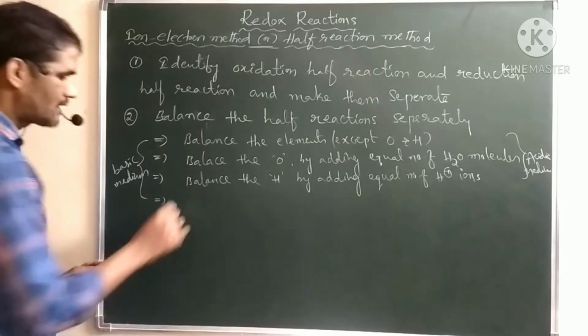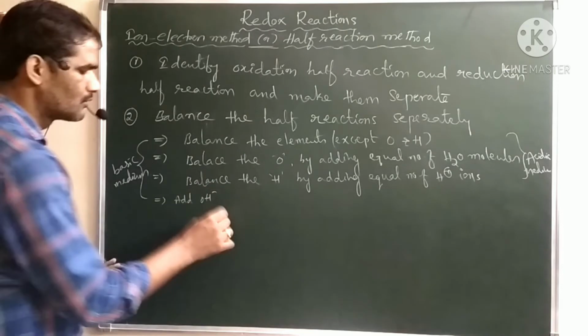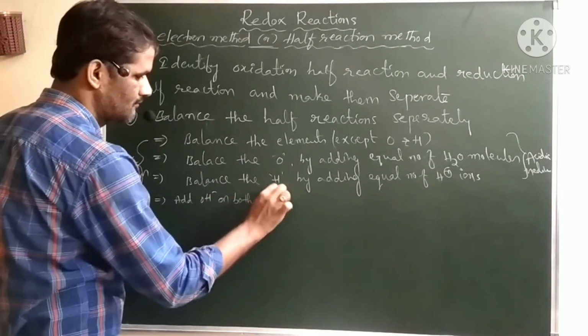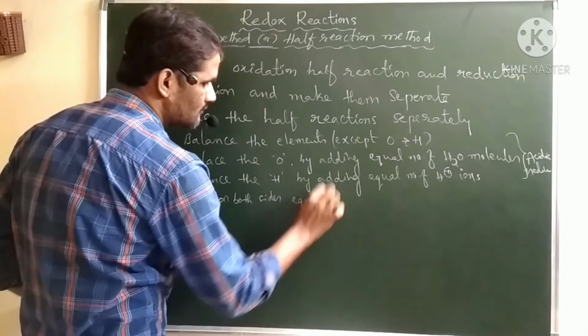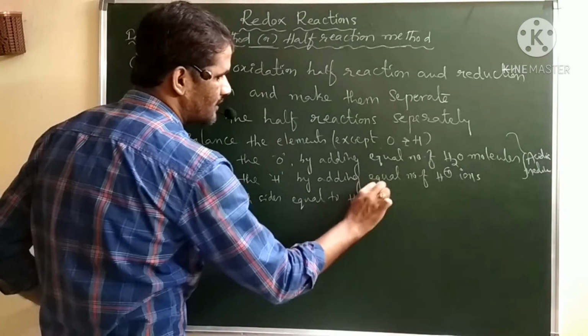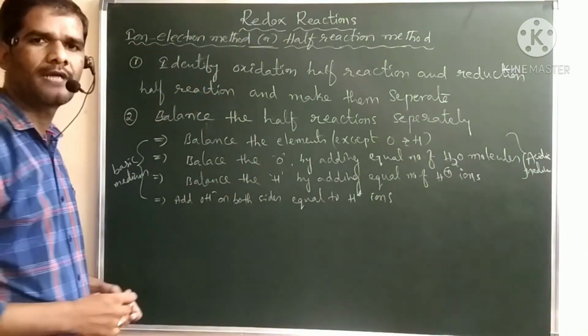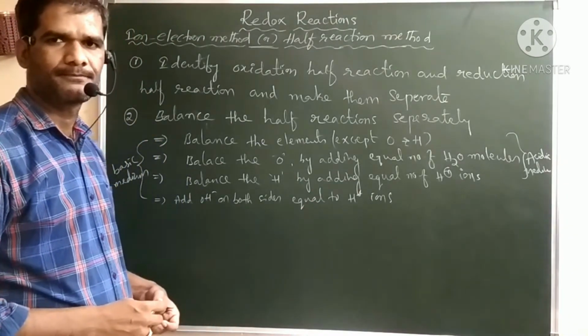What is that? Add OH minus on both sides of the reaction equal to the number of H plus ions, as before.